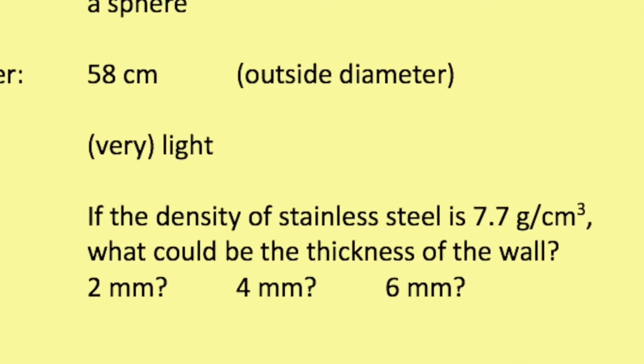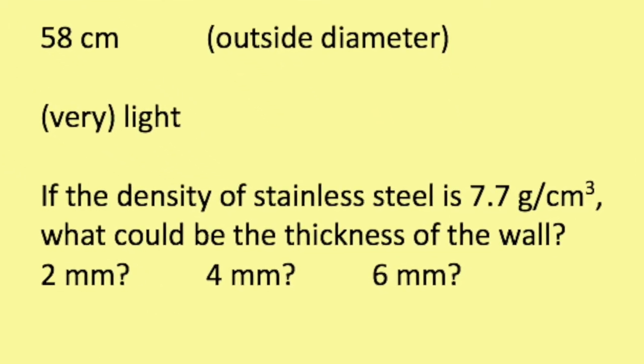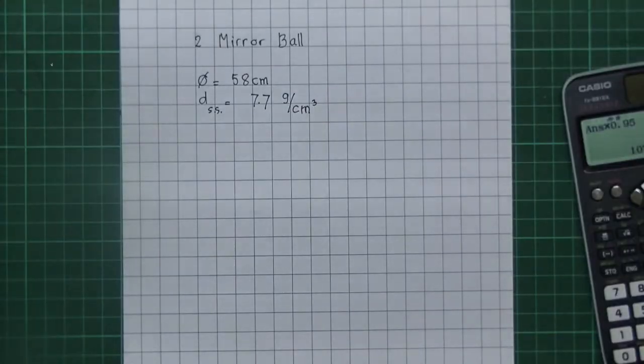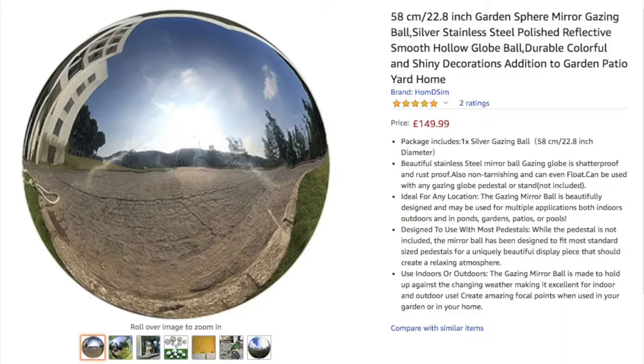I think it is clever to start with 4 millimeter, and then we can see how likely this is if the mass should be greater or less, given that customers say that it was light or even very light. So we know it's not solid, obviously it is hollow, and what would be the thickness of the wall?